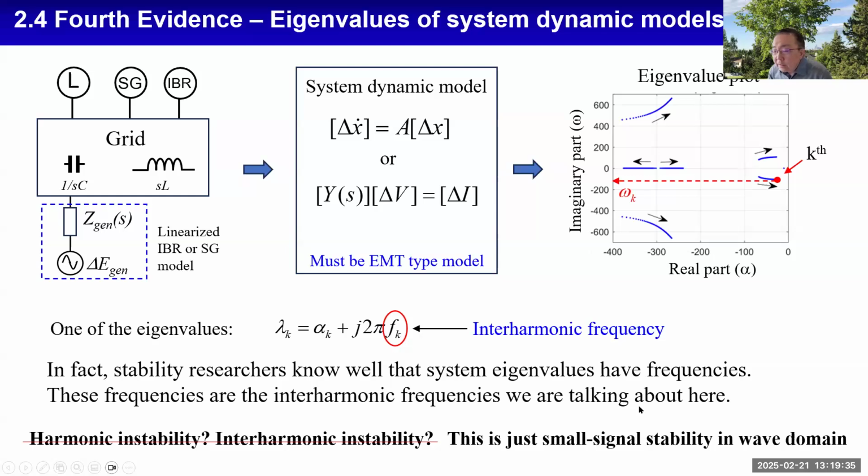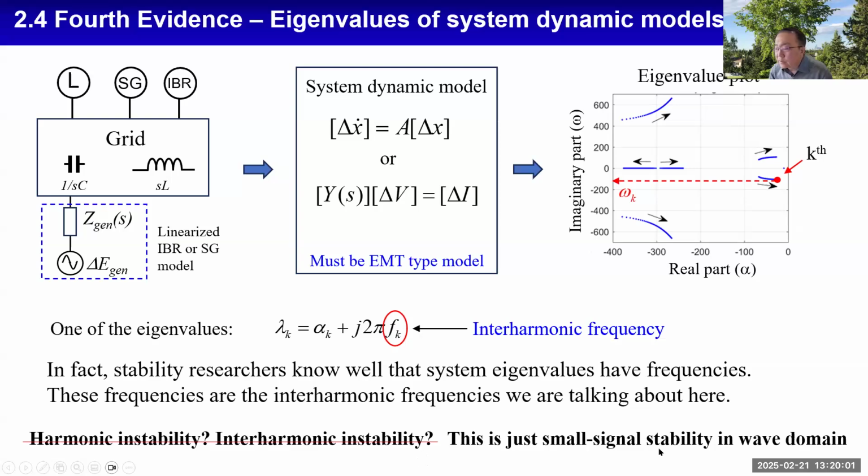Now, you may have read some papers where people claim this is harmonic instability. This is total exaggeration, and there is nothing new in this phenomenon. It's just small signal stability in the waveform domain. So there's no point in calling this harmonic instability or even interharmonic instability.